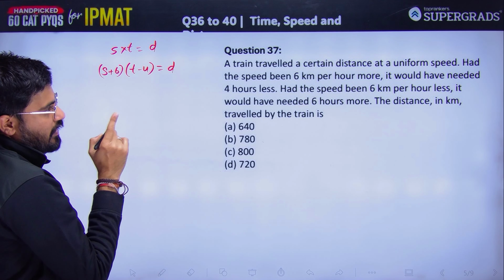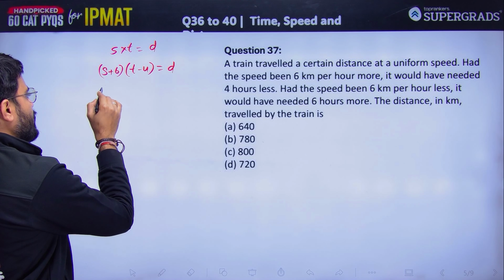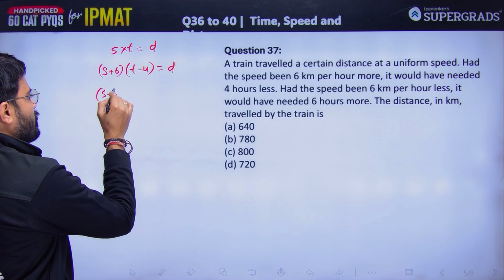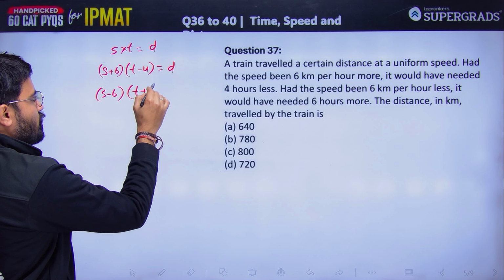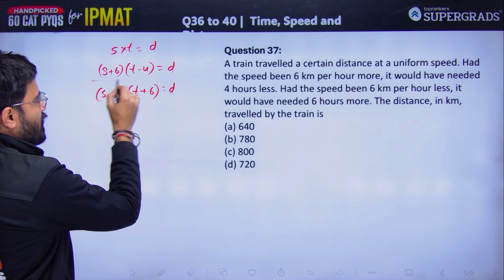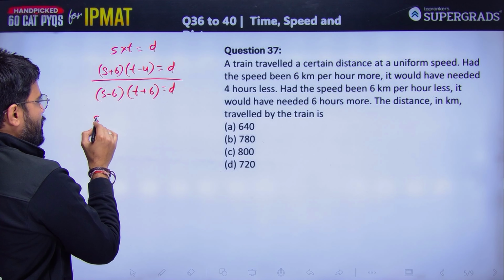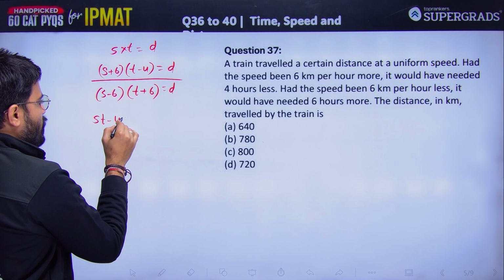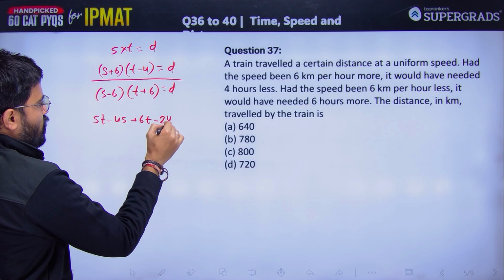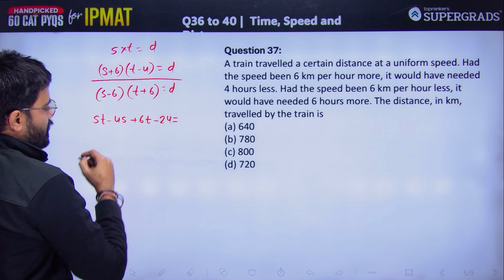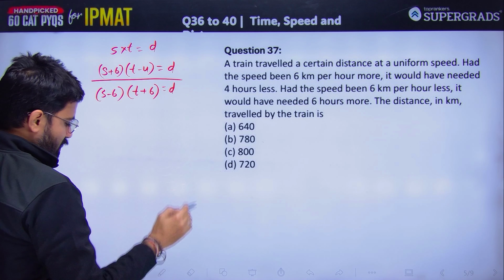And had the speed been 6 km per hour less, and time required will be 6 hours more, is also equal to d. If I divide these two, I get st minus 4s plus 6t minus 24 is equal to, ये सामने चला जाएगा तो इसको दोबारा लिख लेता हूँ.